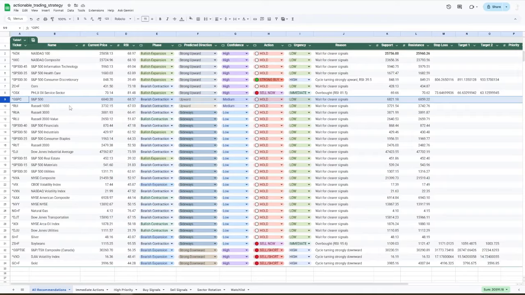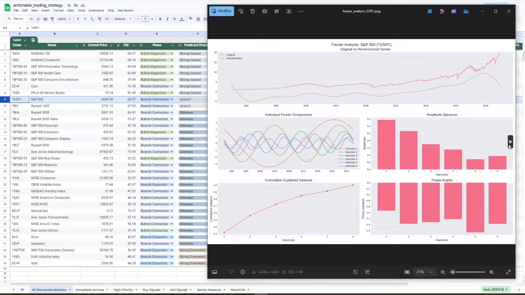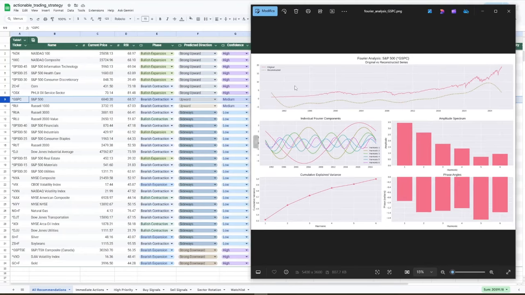So the S&P 500, we are in a bearish contraction, and I showed you. If we take the smaller sine function, we see that the smaller harmonic curve is pointing to the downside.